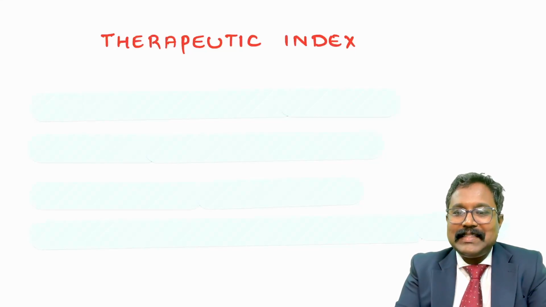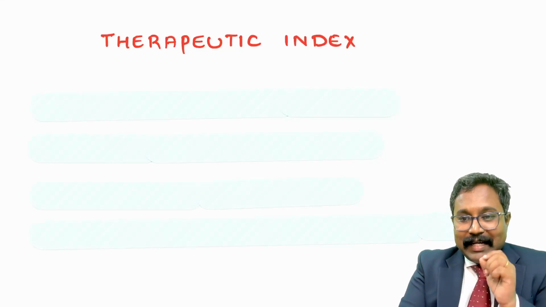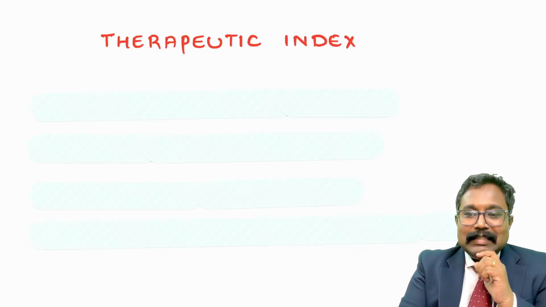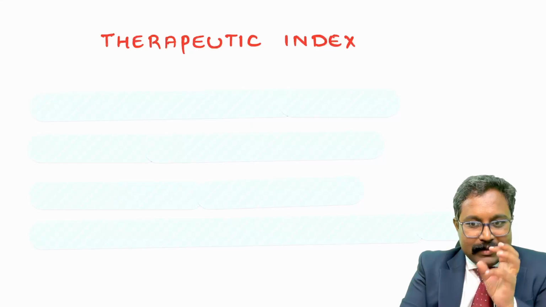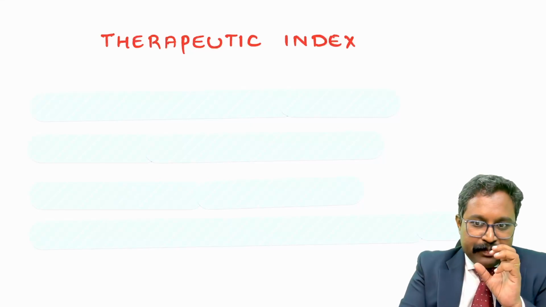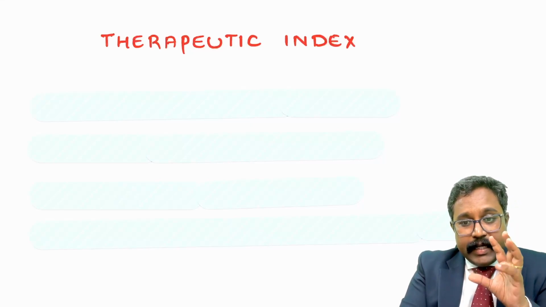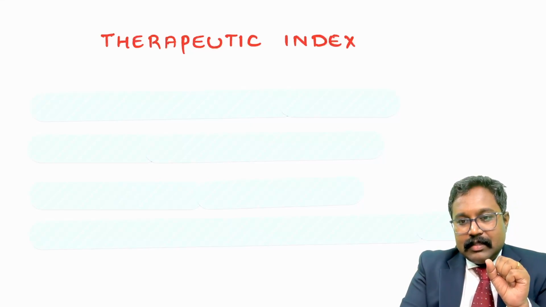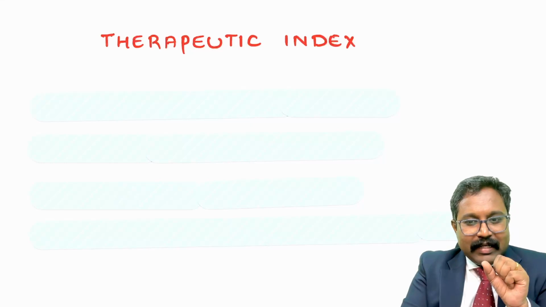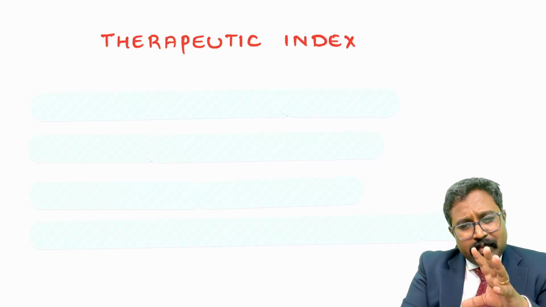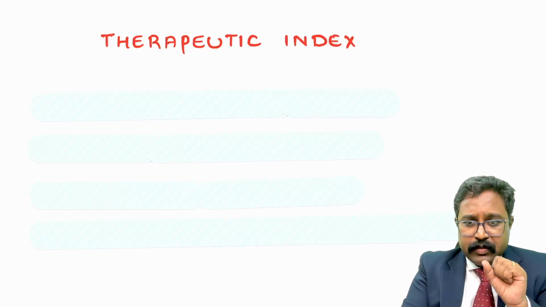I love pharmacology. In this session, again, you're going to learn a very important topic, that is therapeutic index. Whenever we think about an index, the therapeutic index, it tells us something about a risk and benefit ratio.